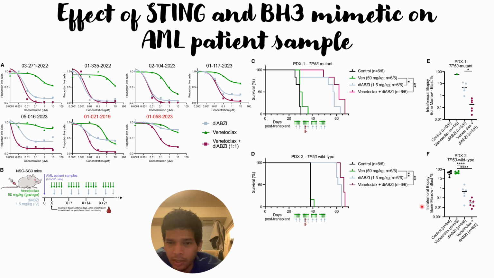when they use venetoclax alone, they do not see too much of an increase, and the intratumoral biopsy values are almost similar to the control. But when they use diazoles, they see a significant decrease in the percentage of live cells, which is even enhanced when they use the combined therapy, that is STING agonist and BH3 mimetics.